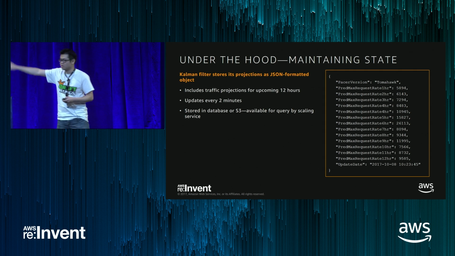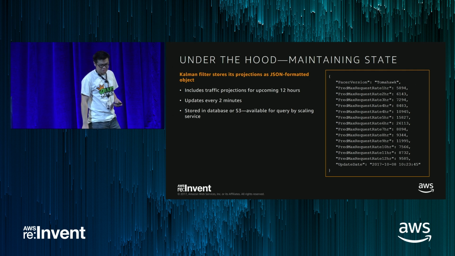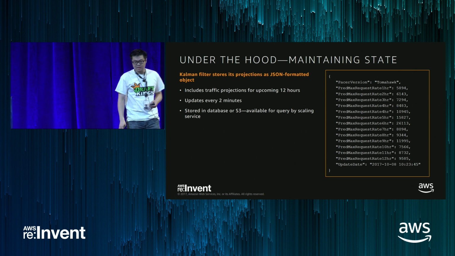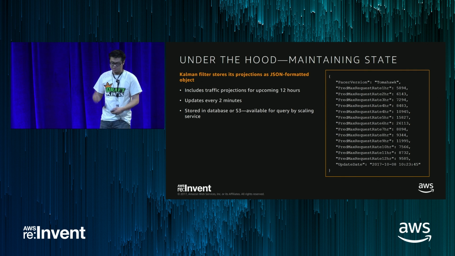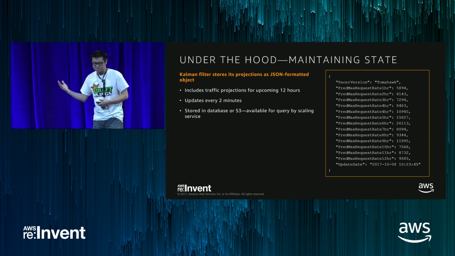Basically, here's a demo of how we actually store the prediction results that we have. This is very straightforward. As I mentioned before, the lambda that actually computes the predictions runs every 2 minutes, and it just creates a JSON formatted object that we store somewhere. Here's an example of the object.